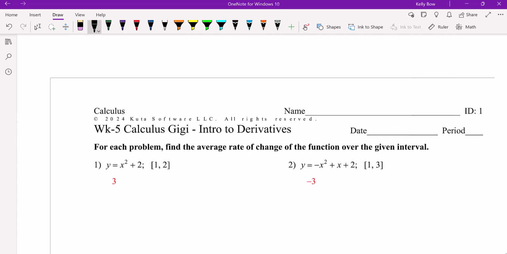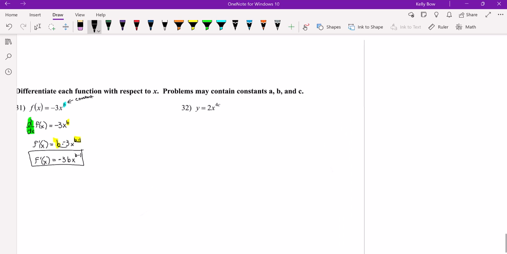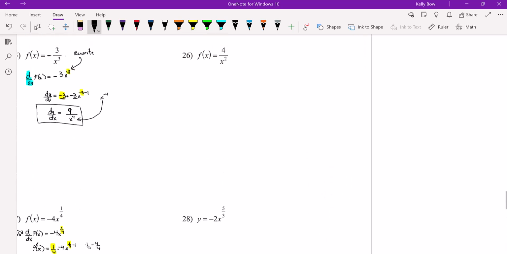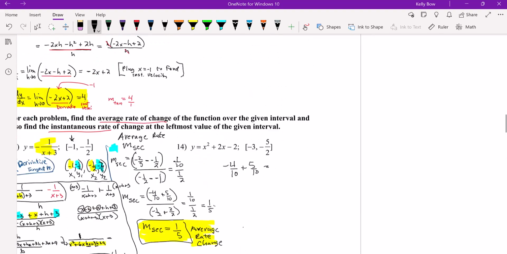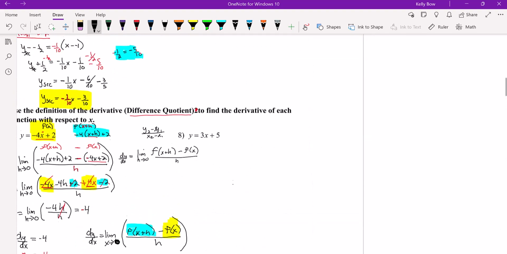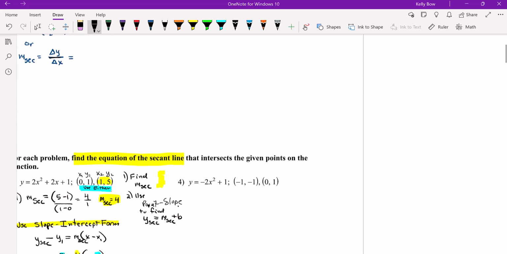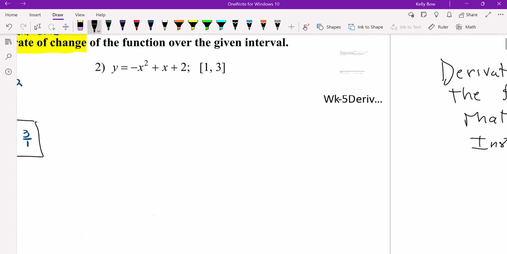I'm going to leave this up here. Anybody watching, if you want some extra practice problems, I'm going to scroll through here, and then I'm going to show you the answer key. You can pause it if you need extra practice.